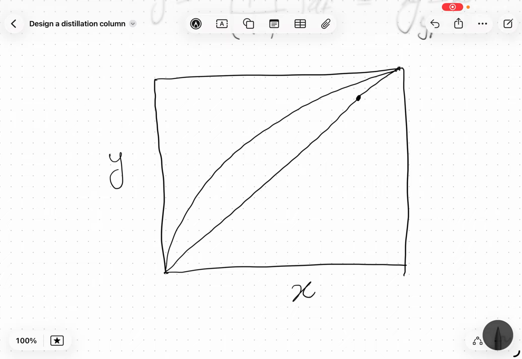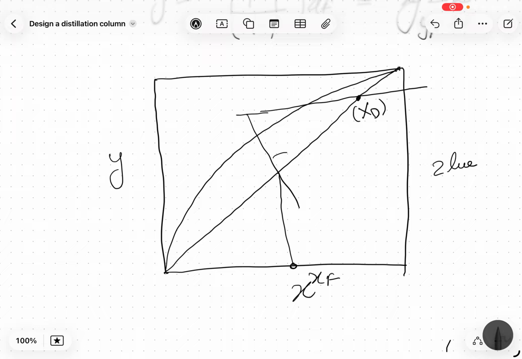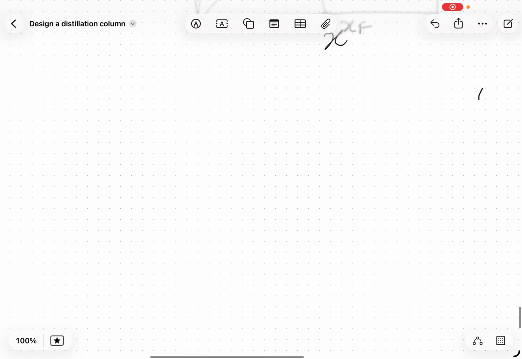That line gives us the XD point. I know about the feed, I will mark it as XF, and from there I figure out the line of the feeding section. So these two lines we have figured out. Now our next step is to design a distillation column, which is what it means to do the design of the distillation column.